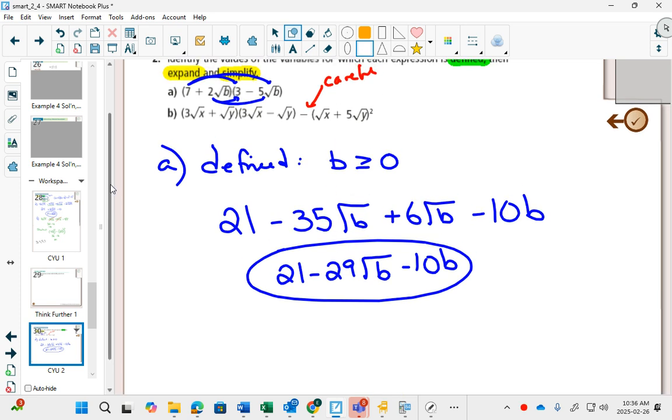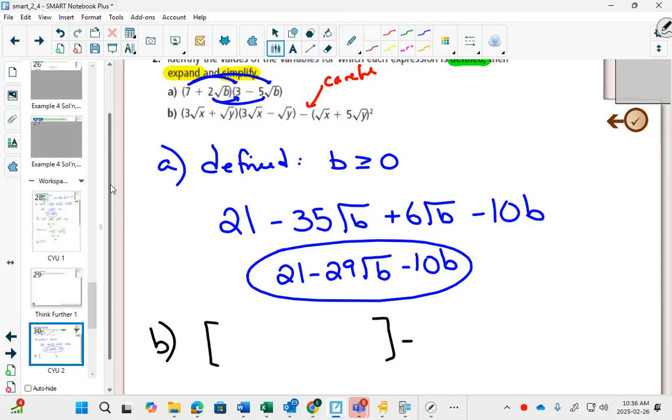Okay. The first set of brackets that are together, I'm going to put the first set in one set of big brackets, and I'm going to subtract, and I'm going to put the second one in another big set of brackets.